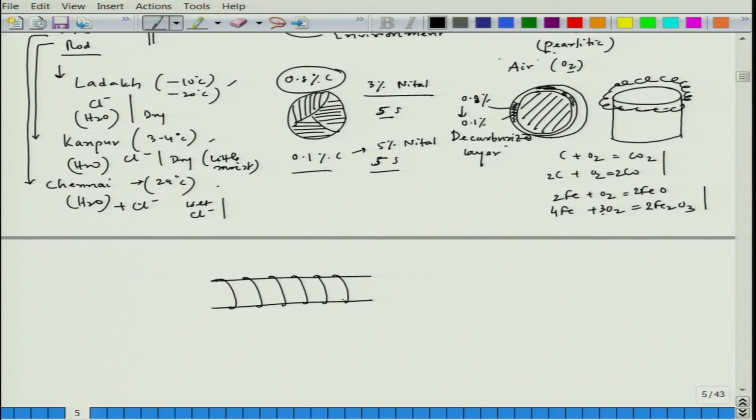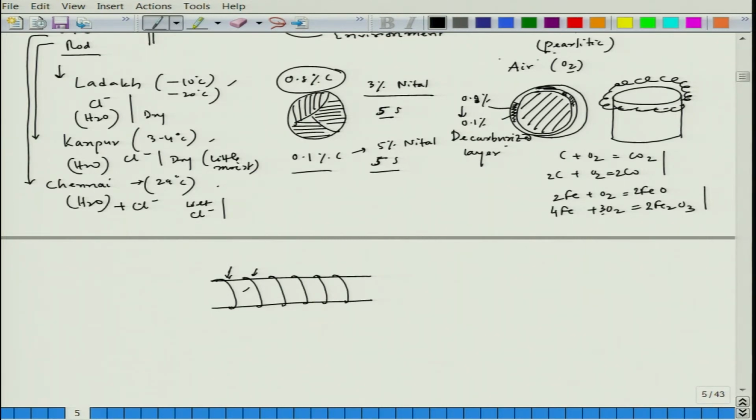These are basically ribbed rebar, and if you closely observe the rib portion and the foot of that rib portion, you will see that the red rust is prevalent over there rather than over the entire section of the rebar. Over this portion you would see very little red rust, but if you see the root of that particular rebar, you will see the rust is forming predominantly over there.